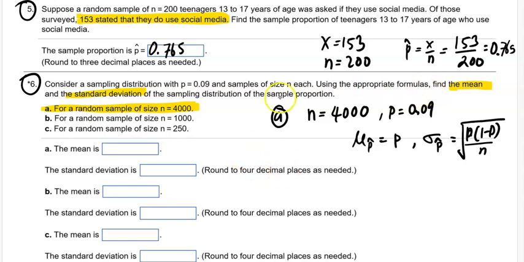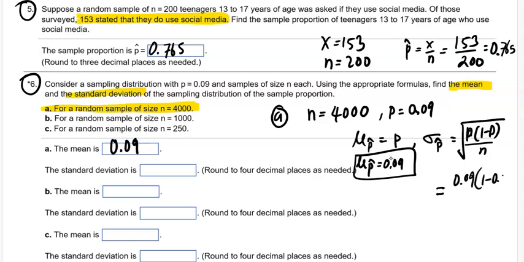So this question asks you to find these 2 values. What's mu p hat? That's the mean. It's the same as p, 0.09. So the answer to this first question is 0.09. But for the standard deviation, you have to put in the values of p and n: 0.09 times 1 minus 0.09, divided by n, which is 4000 here, and square root of that.